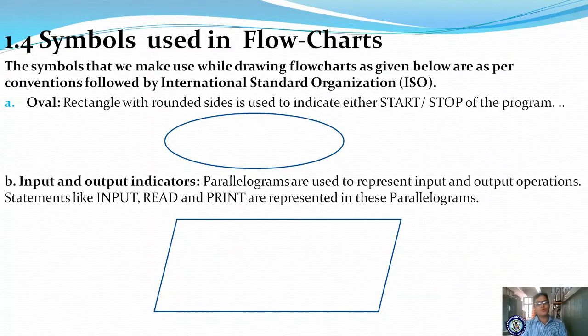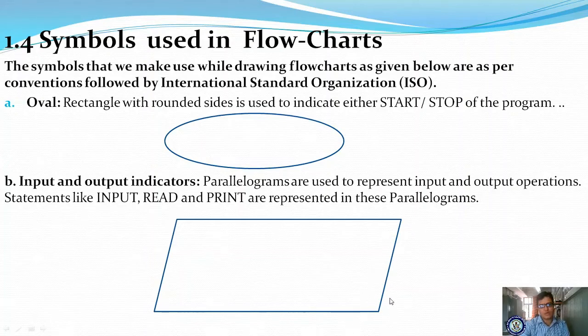Here input and output are represented by a parallelogram, used to represent your input and output operations. Statements like input, read and print are used in these parallelograms. Okay, so you are seeing some symbol here which is somewhat like a crossed rectangle, right?